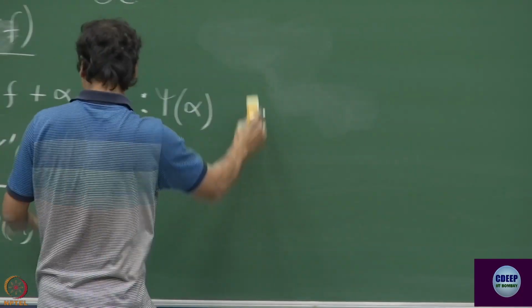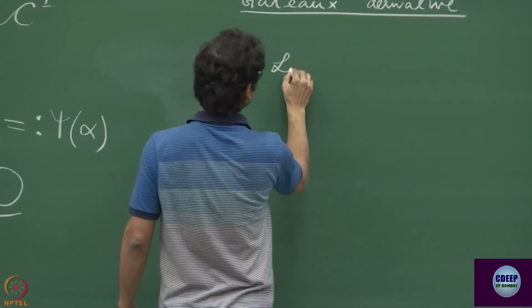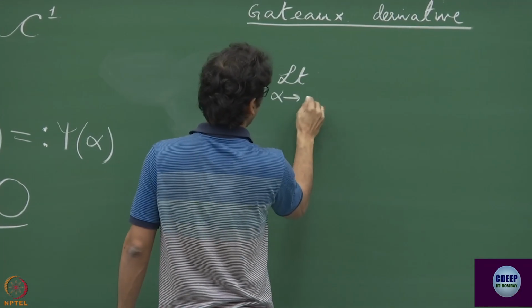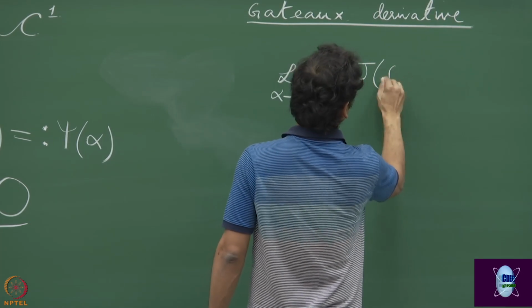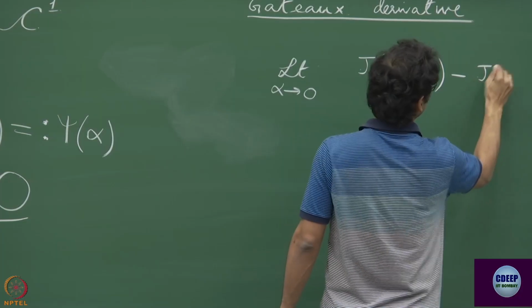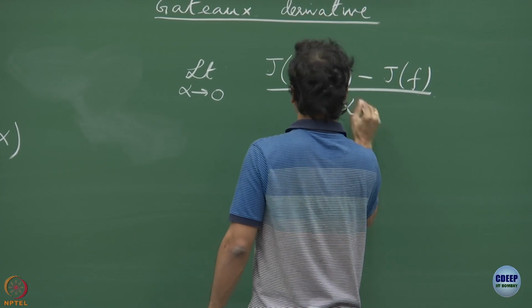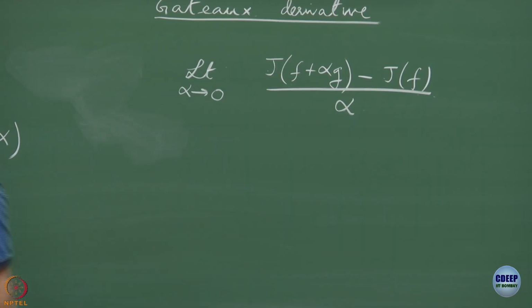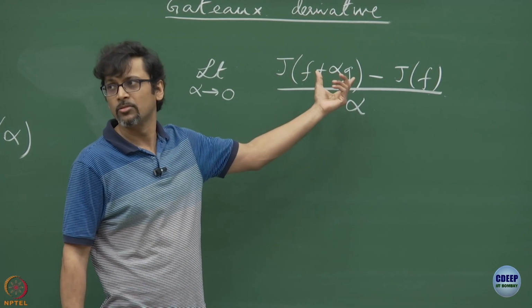The main idea that I am trying to present here is that you can essentially write this as limit alpha tending to 0 of j of f plus alpha g minus j of f upon alpha. So this is like the Gateaux derivative of this j, but the argument of j is of course functions like so.